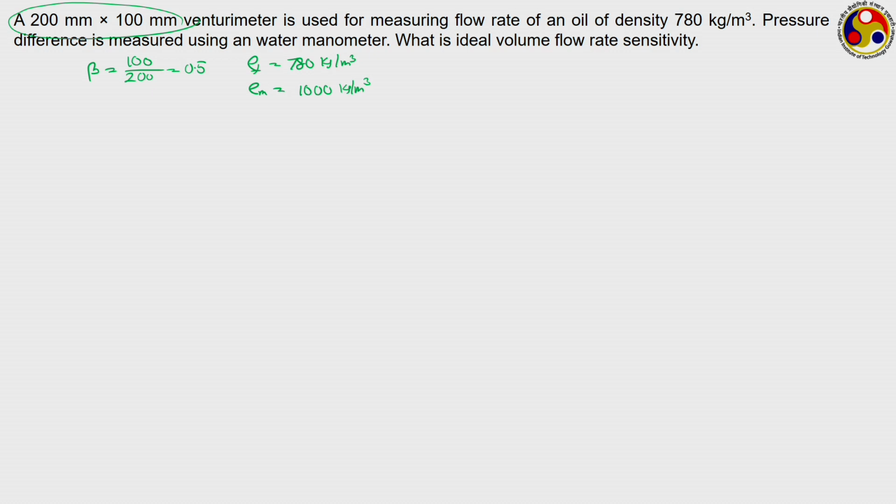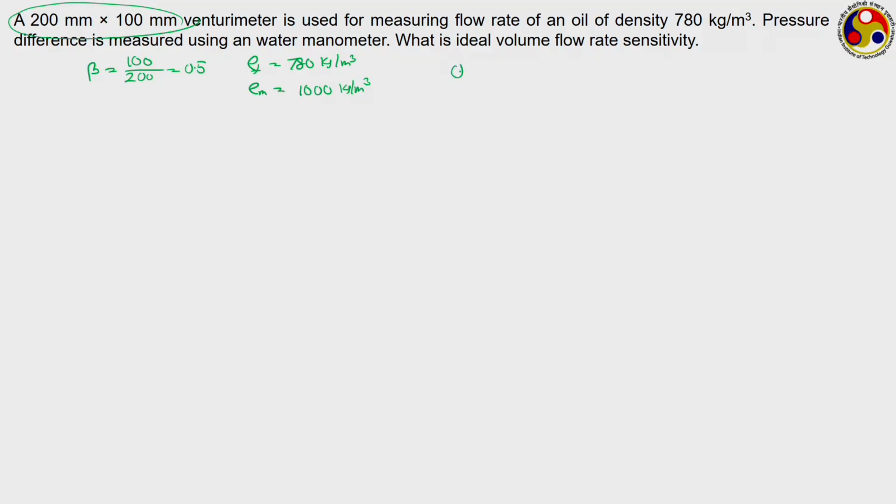And you have to calculate what is the ideal volume flow rate sensitivity. Sensitivity you definitely know, that refers to the change in output corresponding to the change in input. Now, for a venturimeter, what is your input and what is your output? Your input is the flow rate and output is the pressure drop, or actually you are measuring that in terms of the manometer.